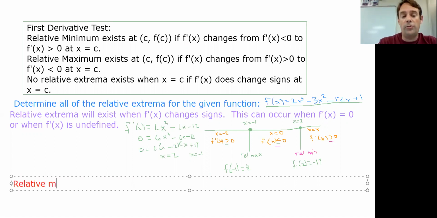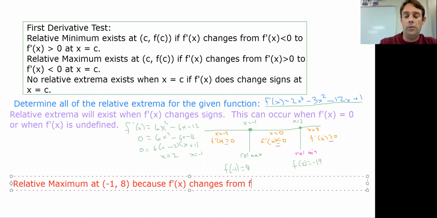So I have a relative maximum at the point -1, 8, because f prime of x changes from greater than 0 to less than 0 at x equals -1, sorry.